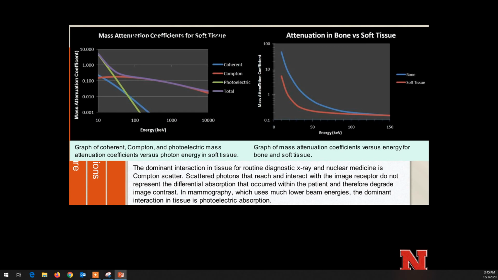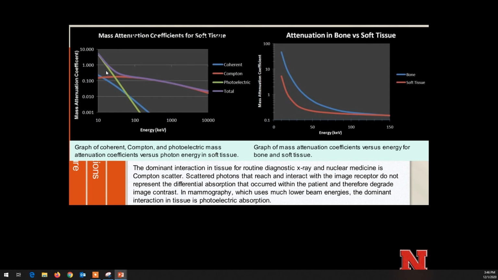These two graphical representations illustrate some of the effects that we just learned about in their nomenclature. If you look at the mass attenuation coefficient for soft tissue and what photon interaction dominates, you can see here that at these really low energies, you have the photoelectric effect.